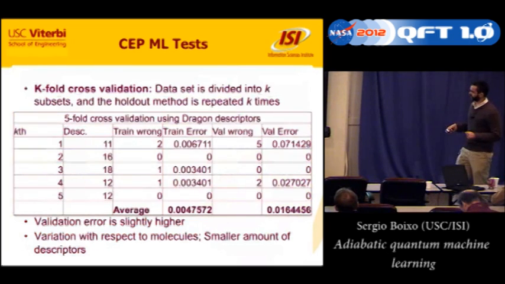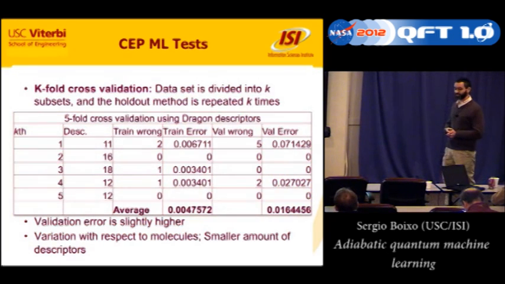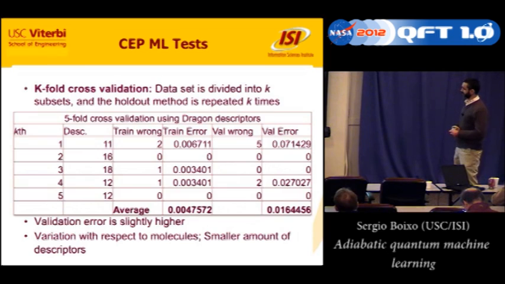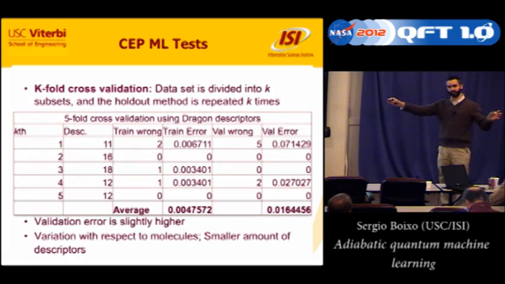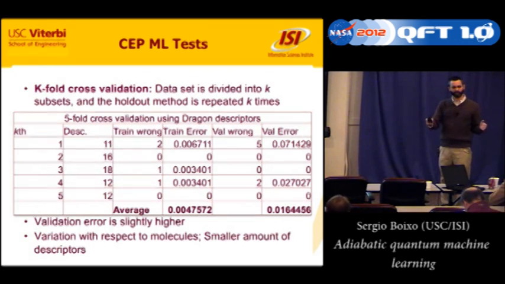So we do more sophisticated versions of estimating the error, which you have to do in machine learning. That's called cross-validation. It basically means that we divide the 200 molecules into 5 groups, and we do the learning in 4 of those groups.